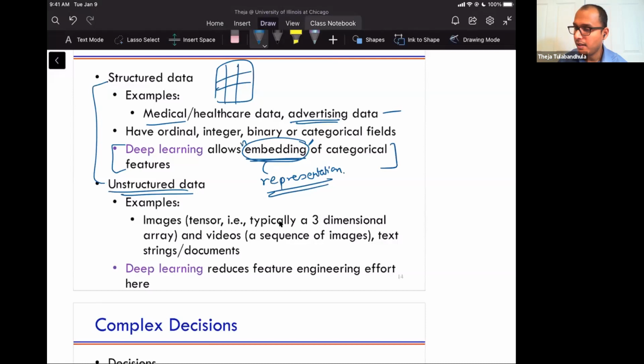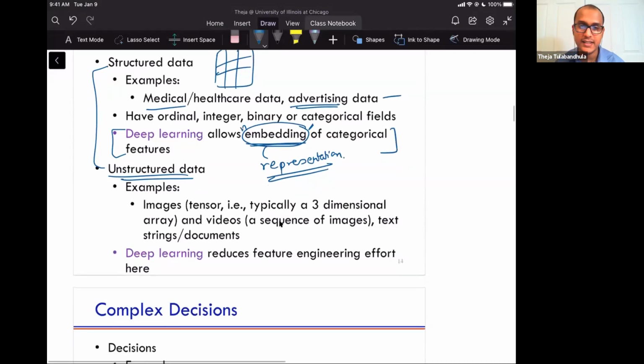Now, the more interesting data set, which is where deep learning is a first tool that you could choose, is when you have unstructured data. So images, which are tensors, which are basically just a bunch of numbers at the end of the day, but they are collected in such a way that they look like matrices, or actually arrays, or three-dimensional arrays.